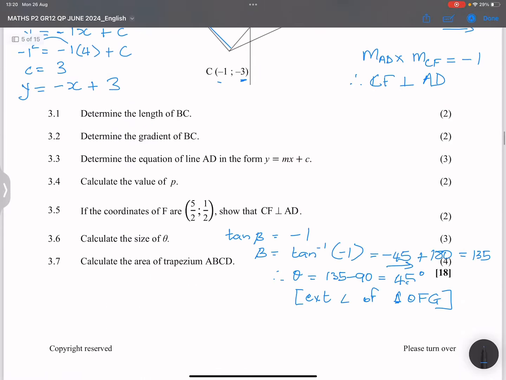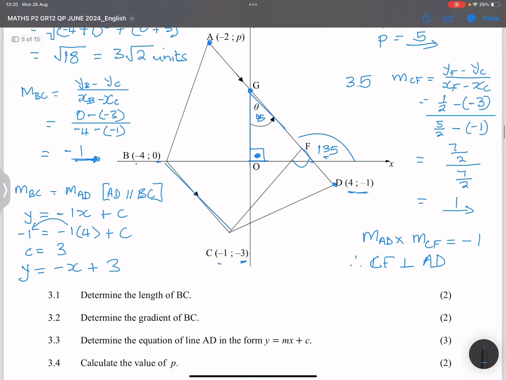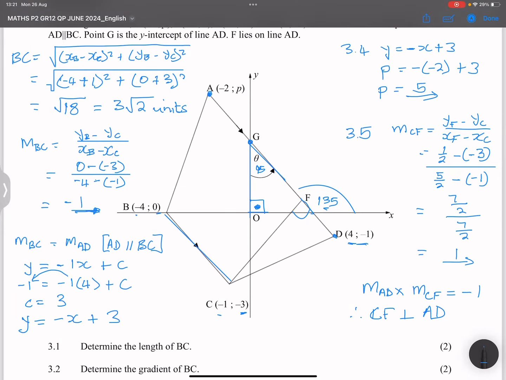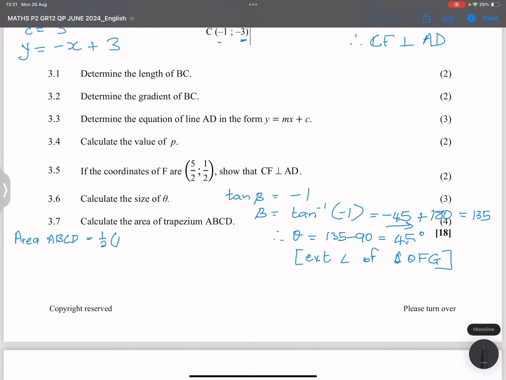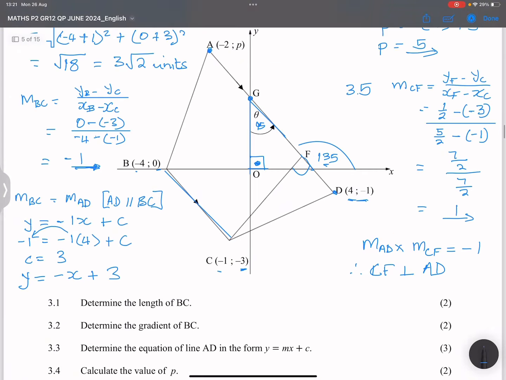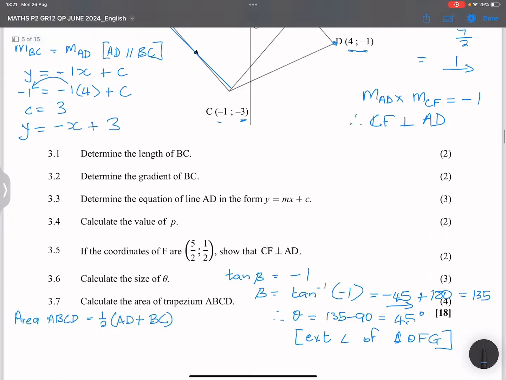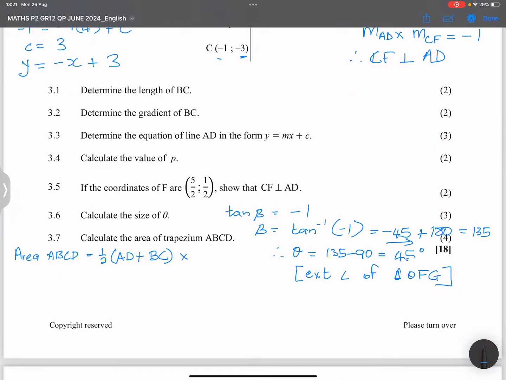So the area of trapezium ABCD will be half the sum of the two sides. The two parallel sides are AD plus BC, multiplied by the perpendicular height, which is CF.